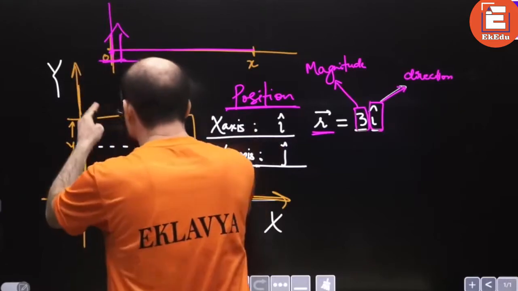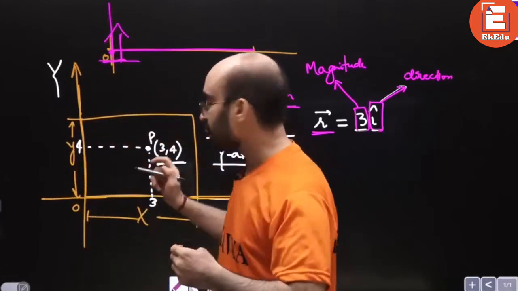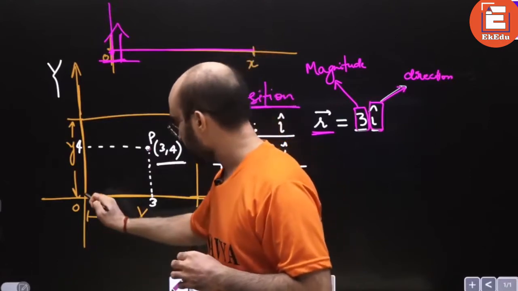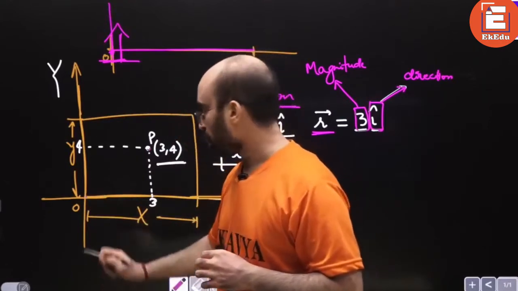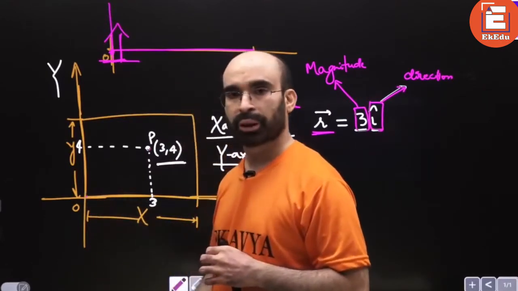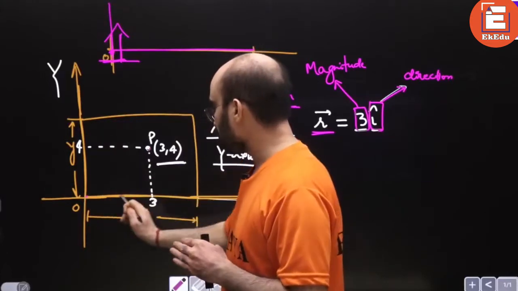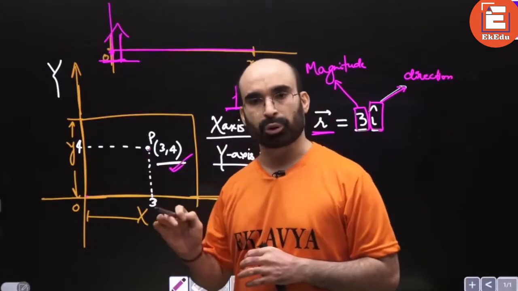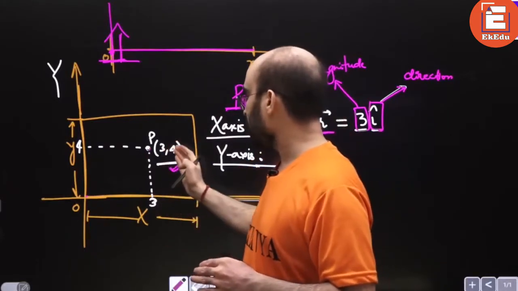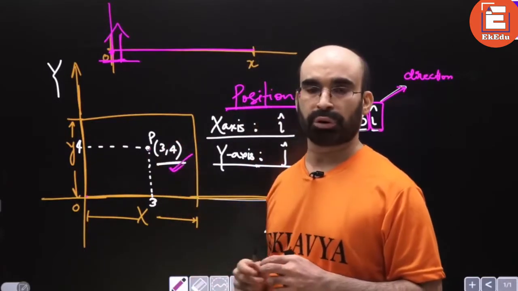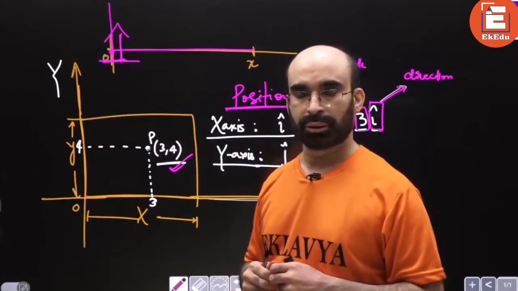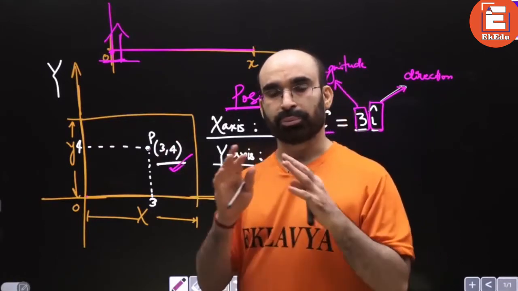Suppose you are on this plane and right now your position is here. Take some reference point. From this reference point, your position coordinates are 3 and 4. Position coordinates, x coordinate and y coordinate, 3 and 4 respectively. Right?